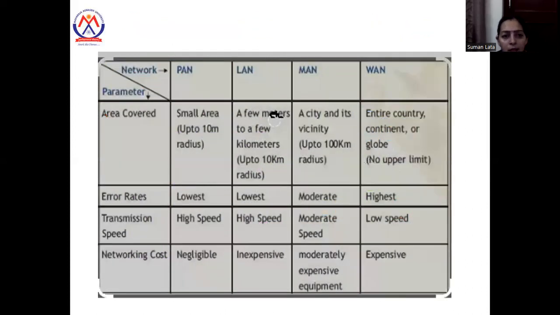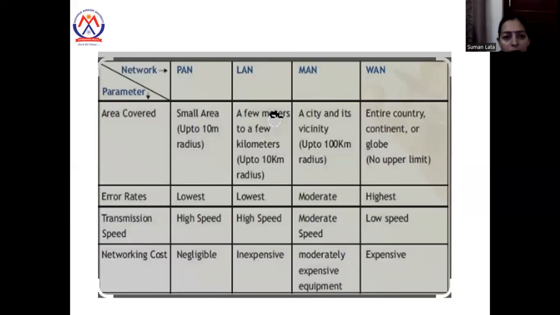Here is the categorization of the different computer network types on the basis of some parameters. In PAN, the small area up to 10 meter of radius can be covered for the computer communication. However, in case of LAN, a few meters to a few kilometers, up to 10-kilometer radius can be covered.